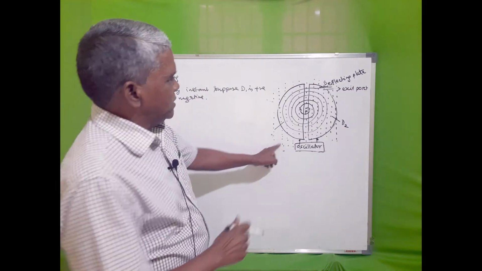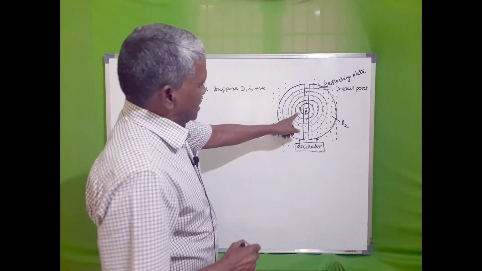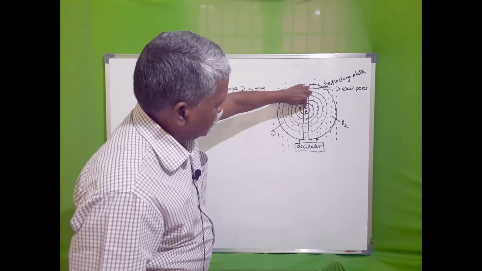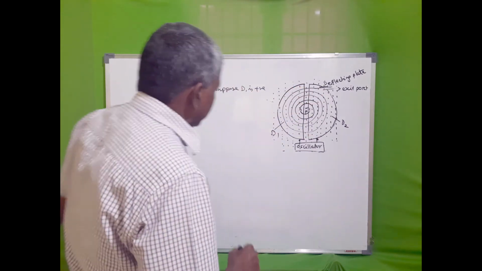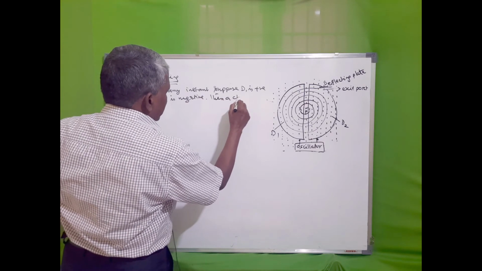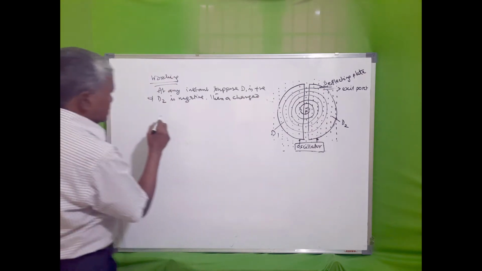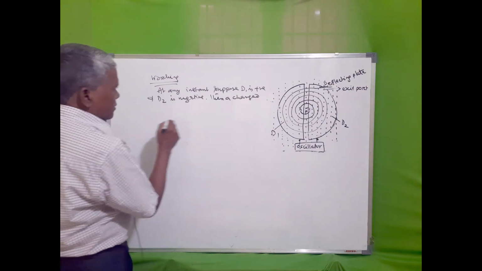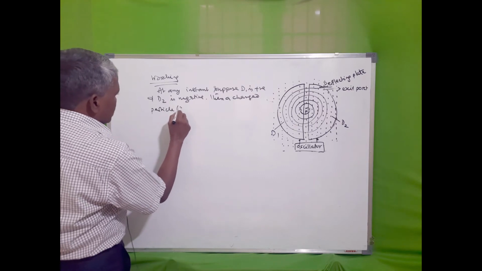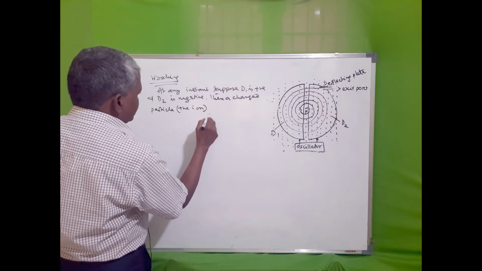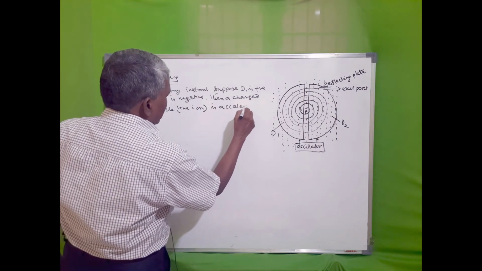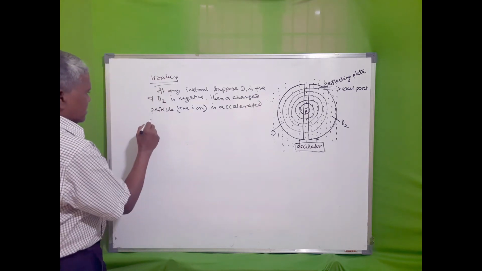So a charged particle, that is a positive ion, will be accelerated towards D2.